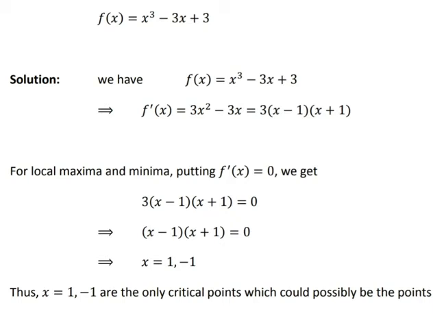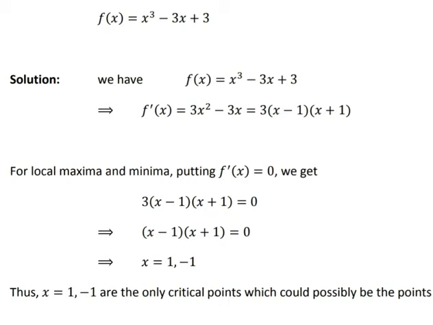So the first step that we need to do is, we will find out the derivative of the given function, the first order derivative. So the first order derivative will be 3x squared minus 3, and that will be equal to 3 times x minus 1 times x plus 1.